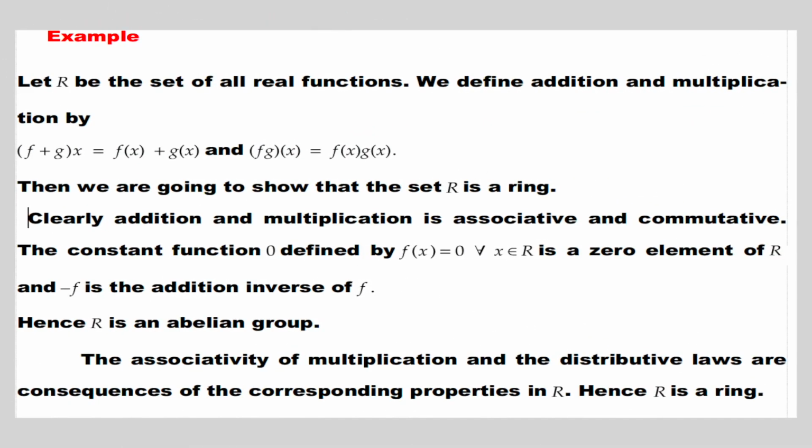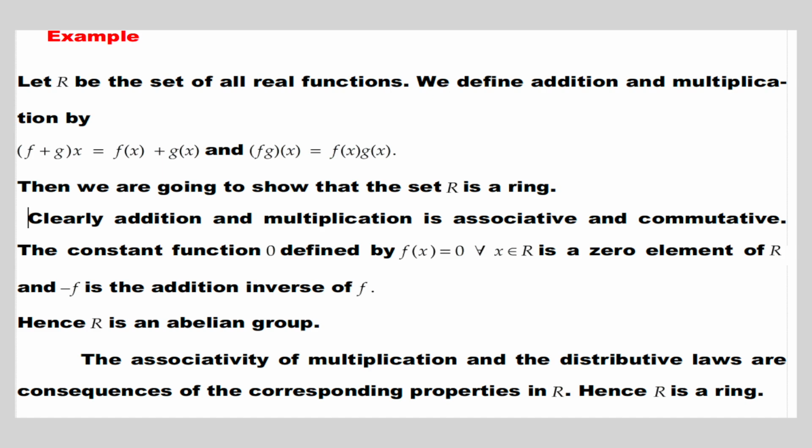Next example is, let R be the set of all real functions. We define addition and multiplication by (f + g)(x) = f(x) + g(x) and (fg)(x) = f(x) · g(x). Then we are going to show that the set R is a ring. Clearly, addition and multiplication are associative and commutative.